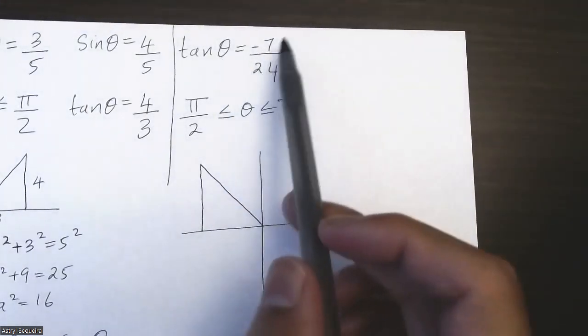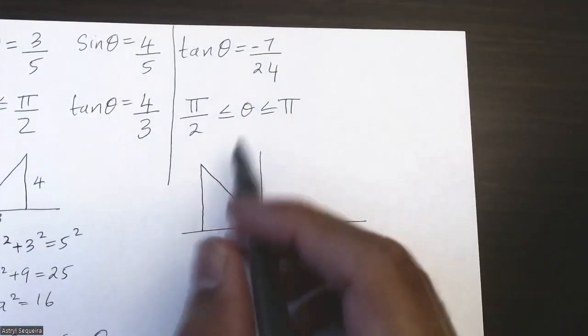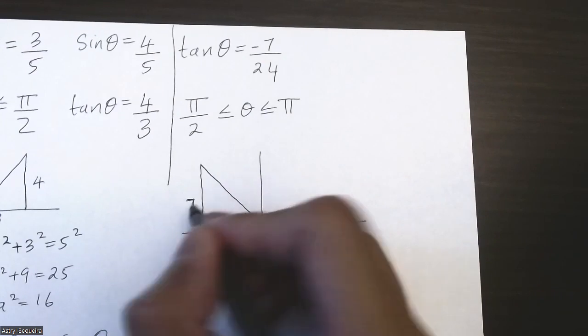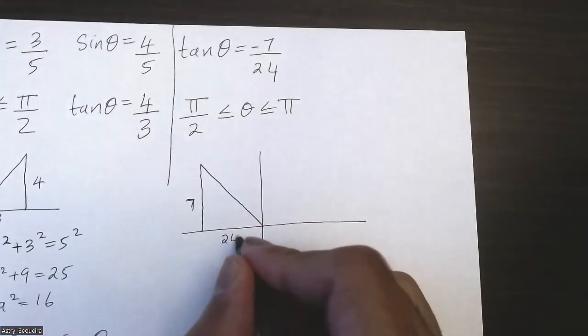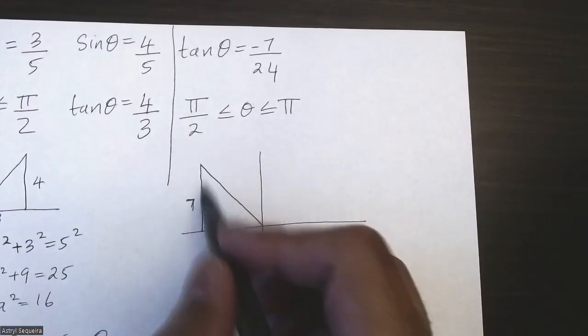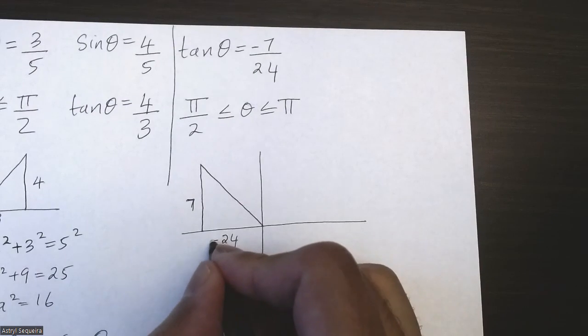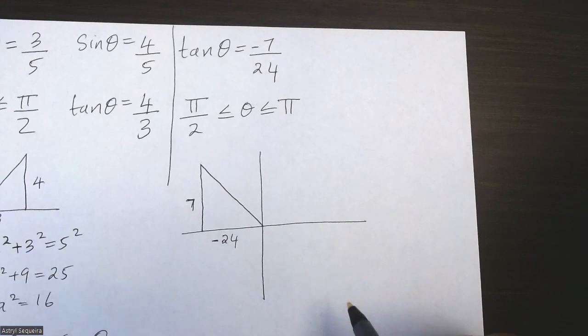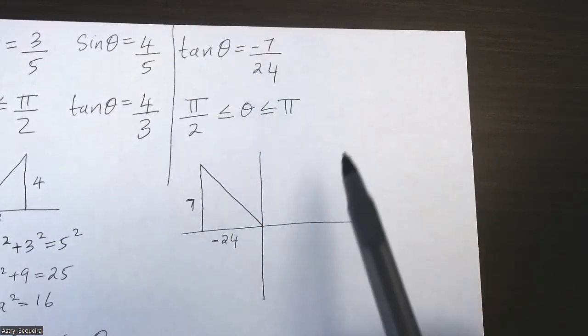And tan is opposite over adjacent, but be careful because you don't want to label the negative just yet. You just want to put the numbers first. And then this is the negative x-axis, but that's the positive y-axis. So the negative actually applies to the 24, not to the 7. So got to be careful about that when you have negative 7 over 24 like that.